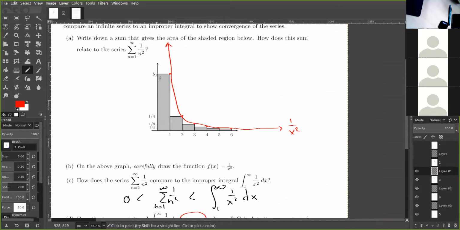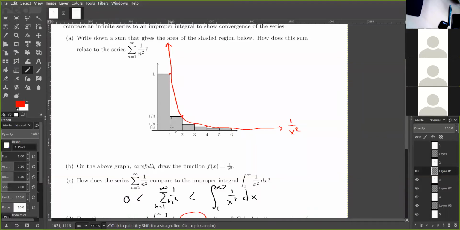Well, if we truly wanted to compare this Riemann sum, where's this first bar? If we're using our right-hand endpoints, it's really comparing the area from 0 up to infinity of 1 over x squared. But we don't want to start at 0 because that's a crazy area for 1 over x squared. For just the finite bar, it's fine to deal with.